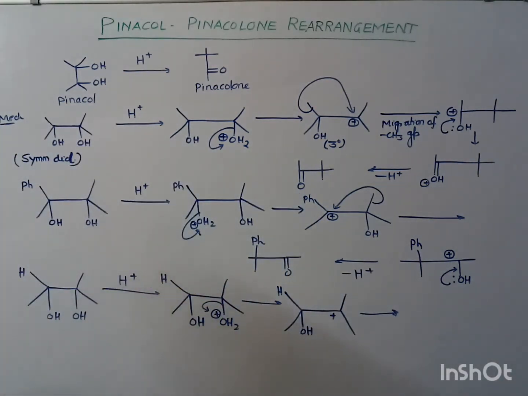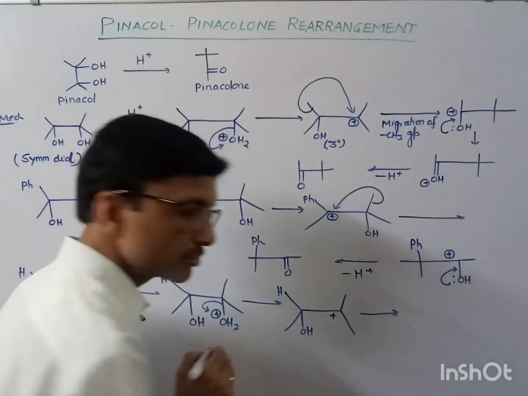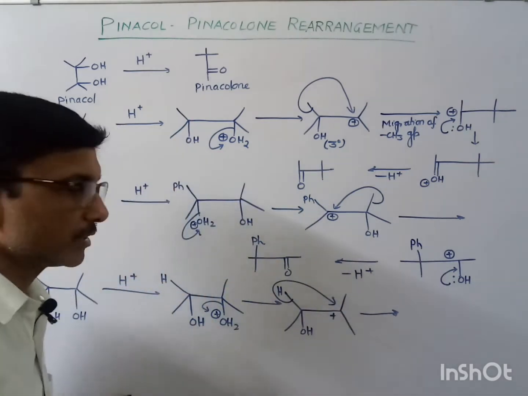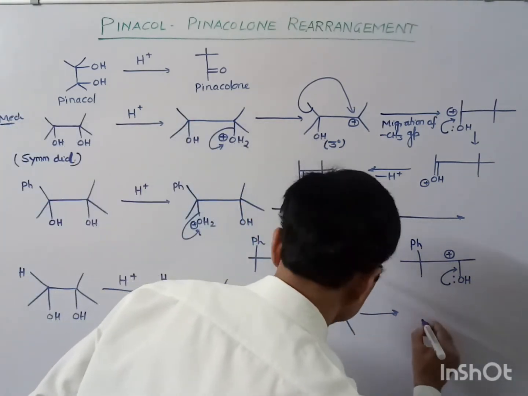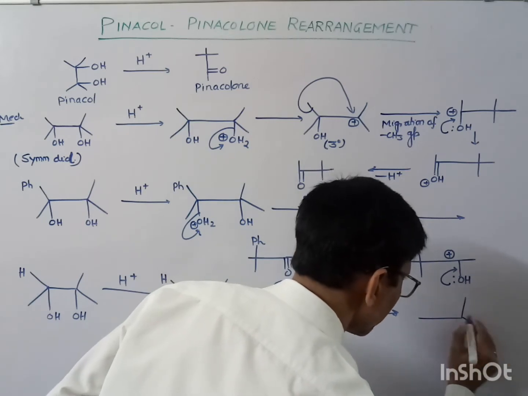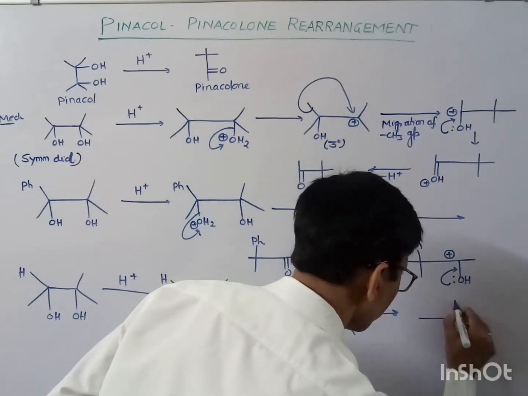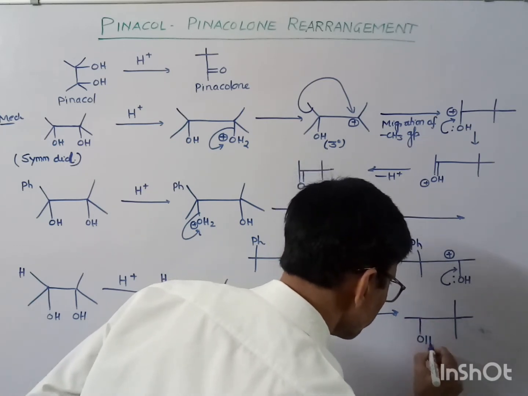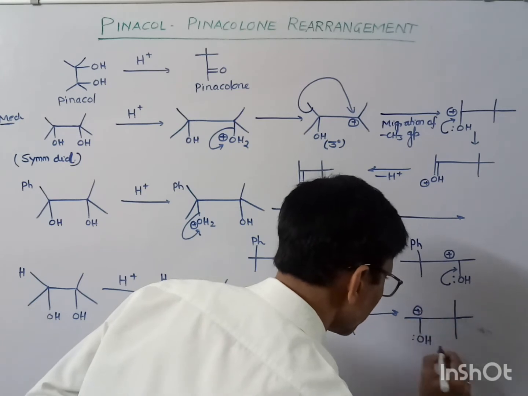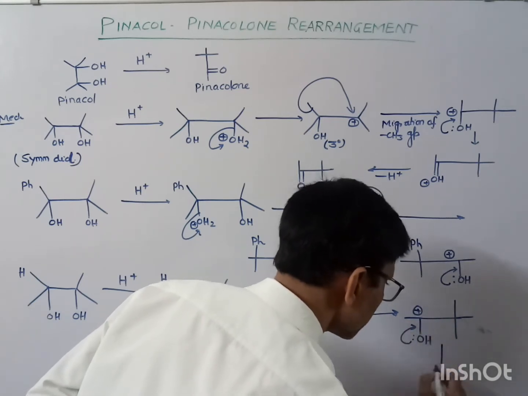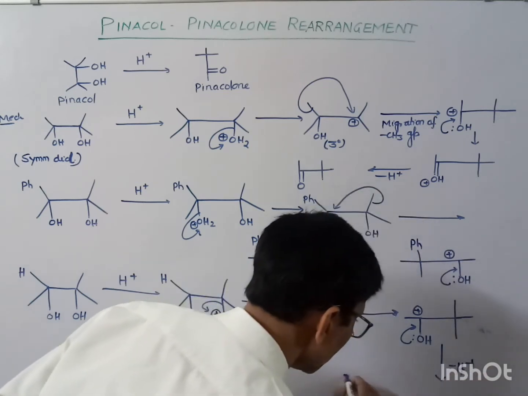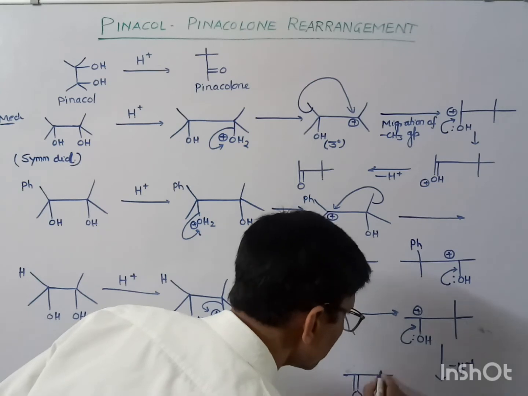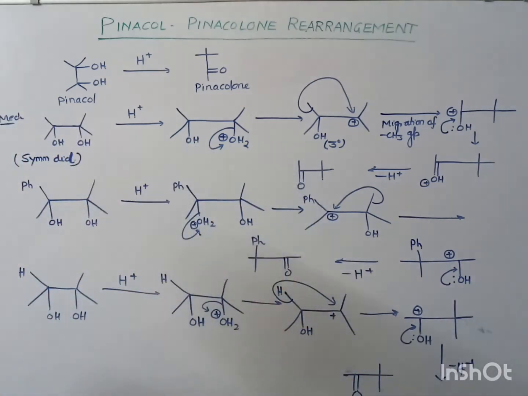Okay. Now in the next step, what will happen? This positive charge would be neutralized by the migration of this H. So the migration of this takes place, and after the removal of this H plus, this should be the product.